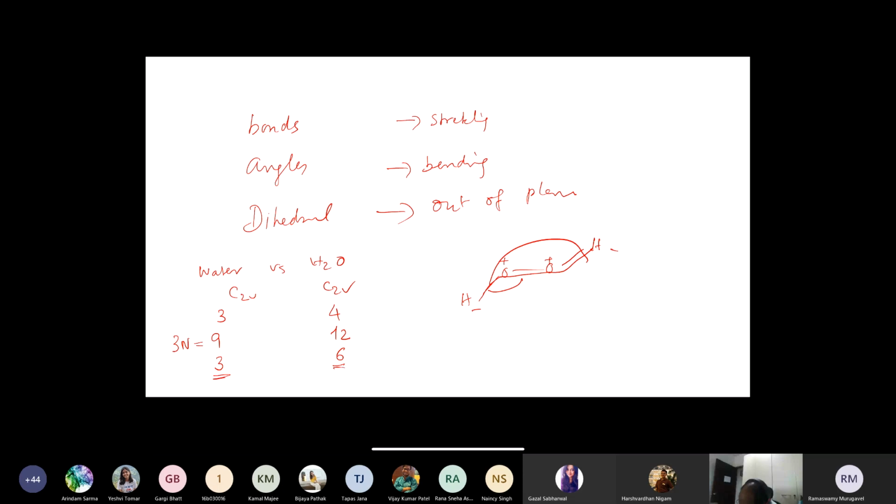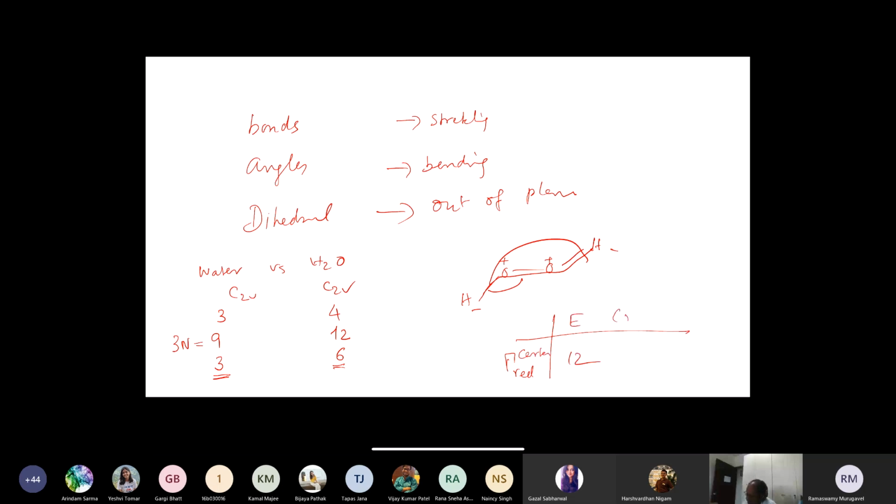So as the number of atoms increases for the same point group, the vibrational modes increase. So if I were to start all over again by assigning 3 Cartesian coordinates for each of the 4 atoms, I'll have tau red Cartesian, under E I'll have 12.